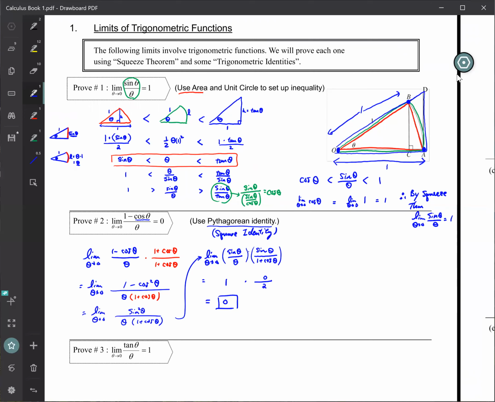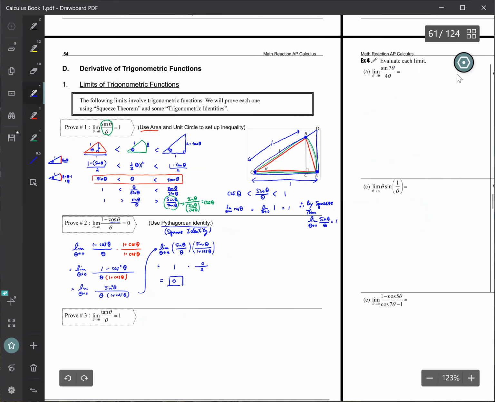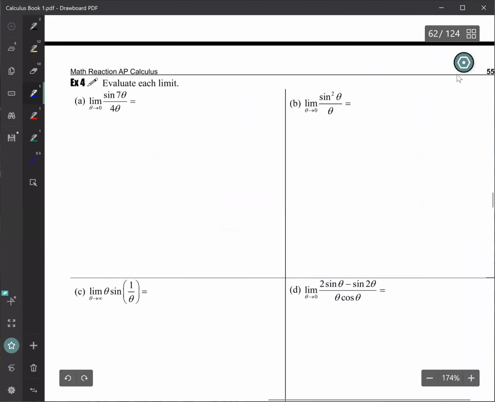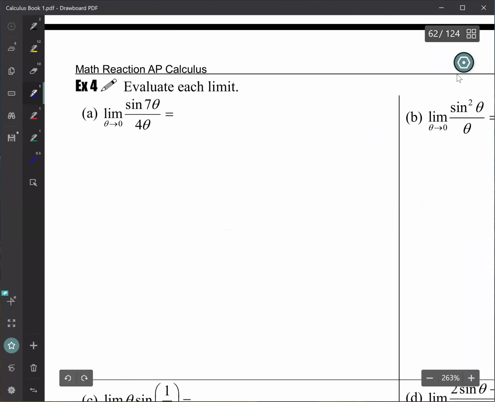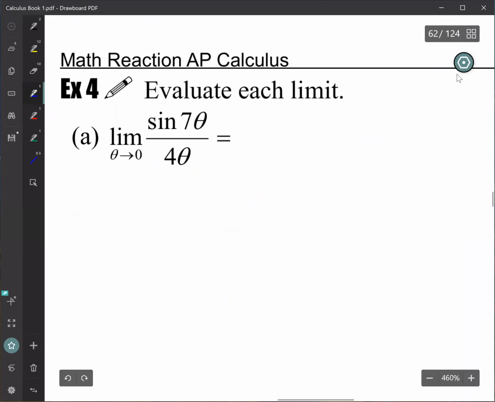Let's look at question A. All right. So question A, we have sine 7 theta over 4 theta. Of course, what you can do, if you are allowed a calculator, is sub in a small, tiny 0.00 something, plug it in top and bottom, see what it equals, and then make a guess what the limit is close to.